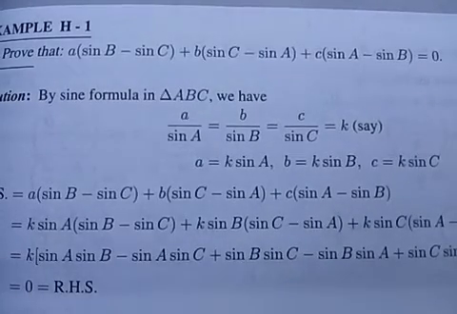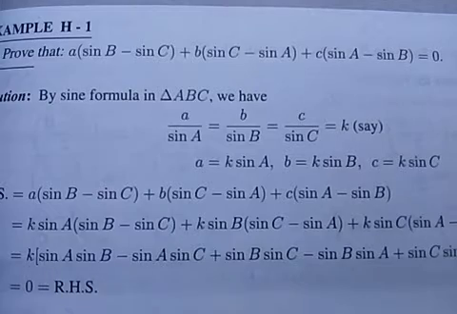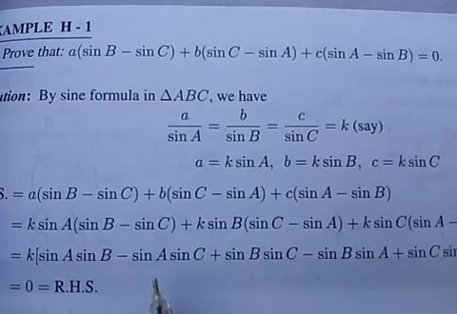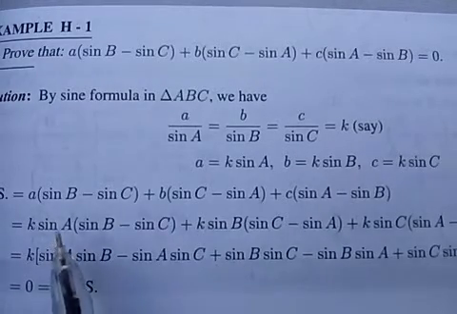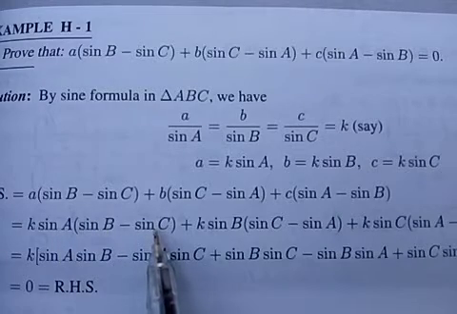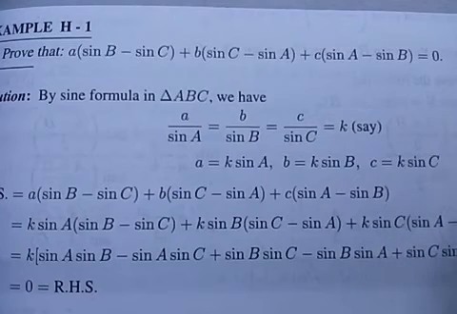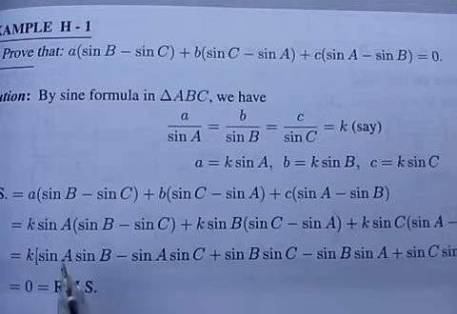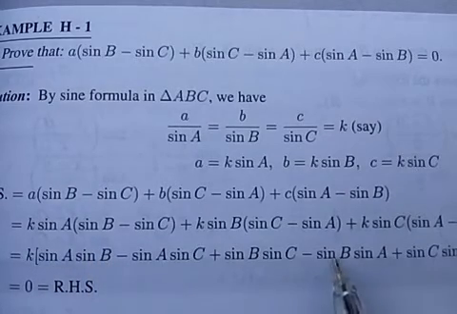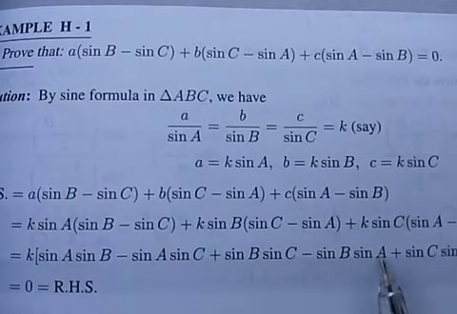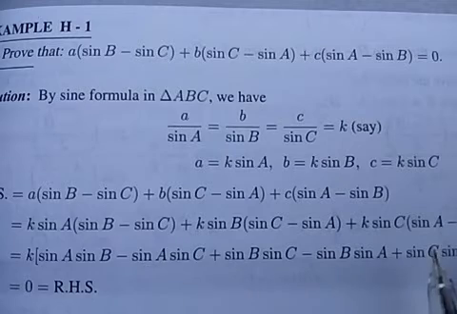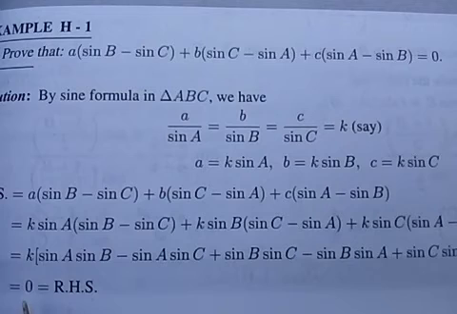Taking k as common, we can write sin A into (sin B minus sin C), plus sin B into (sin C minus sin A), plus sin C into (sin A minus sin B). Then we can cancel sin A sin B against sin A sin B. Similarly, we can cancel all the terms. After simplification, we have RHS equal to 0.